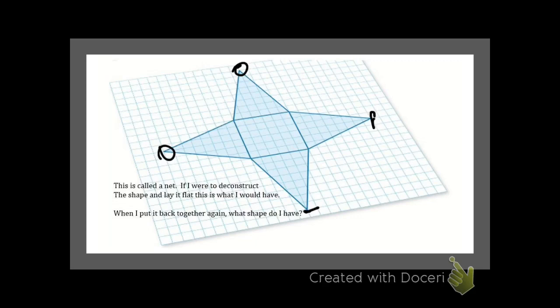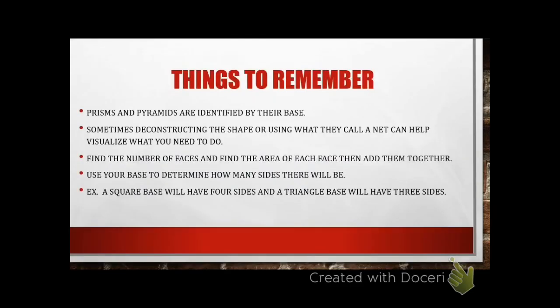I'm going to identify it by its base. And what shape is that base? That's right, it's a square. So that would be a square pyramid. All right, so that's what using a net is called. If you see it in your book and you read about it, that's what they're talking about.